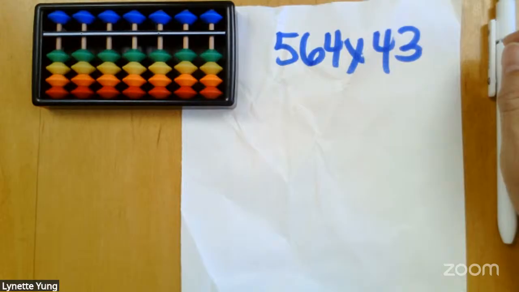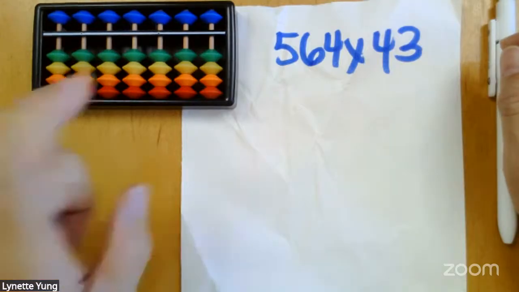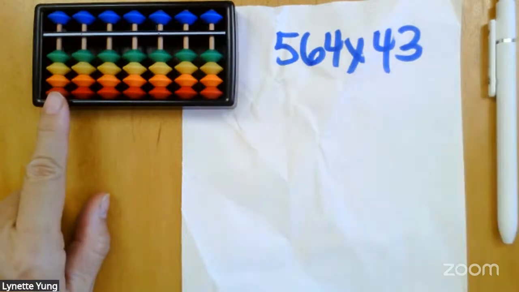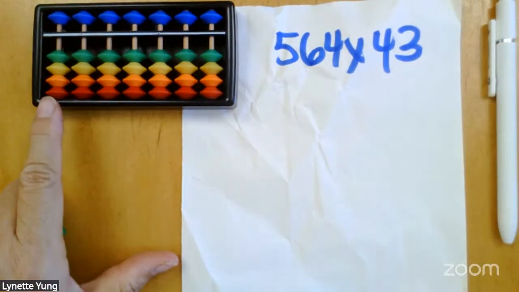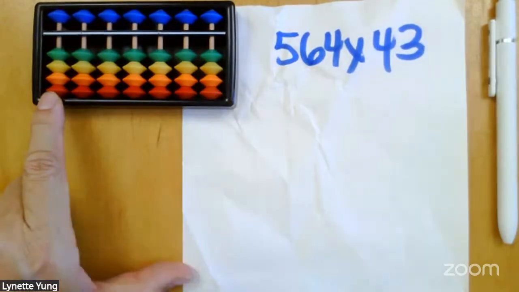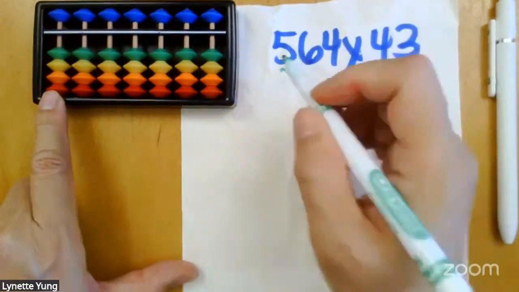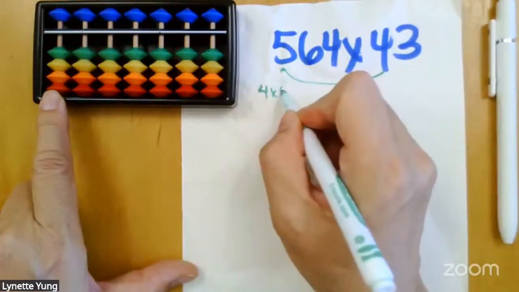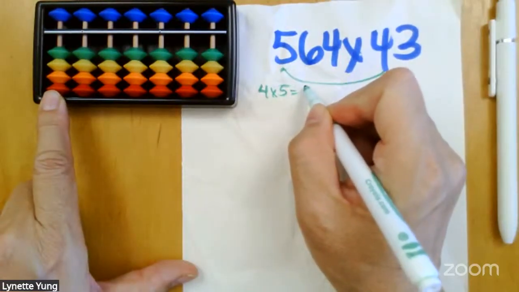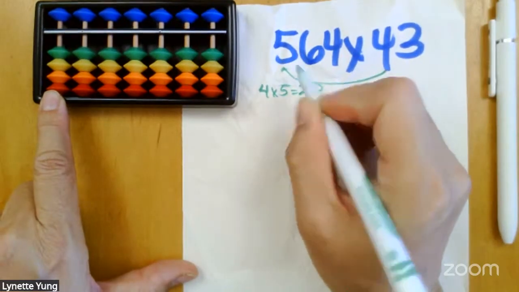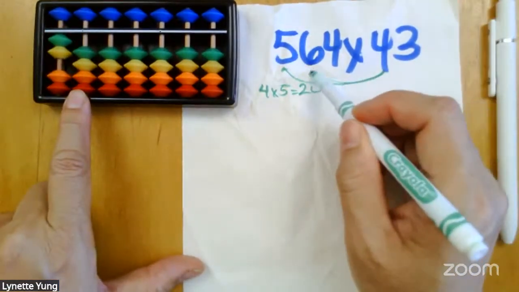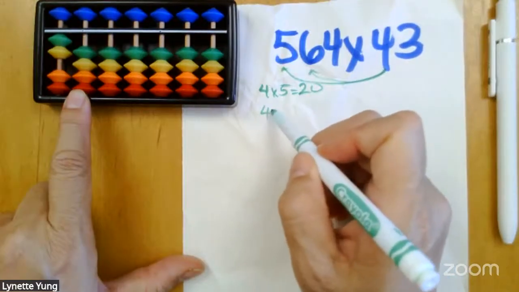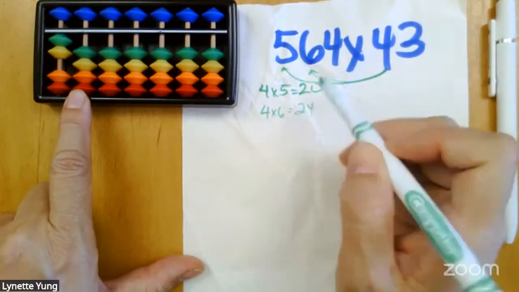Okay, so we have 1, 2, 3, 4, 5 on the abacus. Brings you all the way to the end. Yep. So 4 times 5 is 20. So you have 2 and you have 0. Okay. Then 4 times 6 is 24, so 2 and then 4.